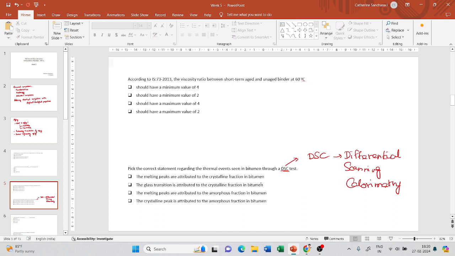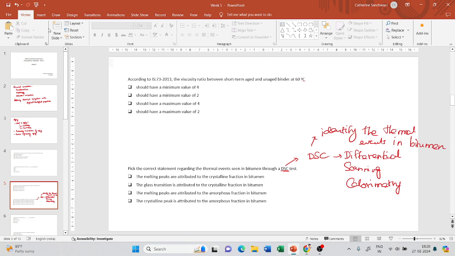This differential scanning calorimetry is used to identify the thermal events in bitumen.